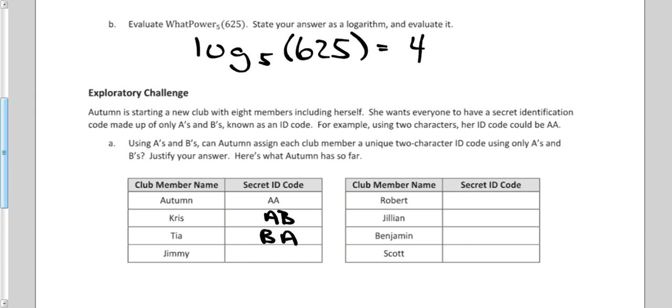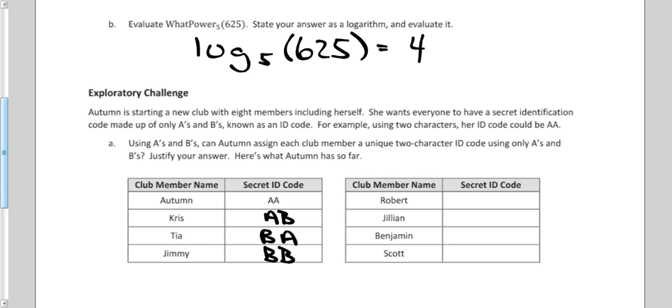And then Jimmy, I'll assign BB. Okay. Now, but can I give Robert a unique code? No, I've gone through all four of them, right? What do I need to do? Add some extra letters. How many extra letters do I need to add?